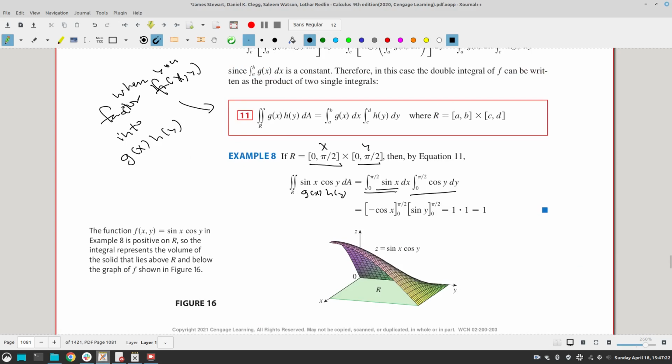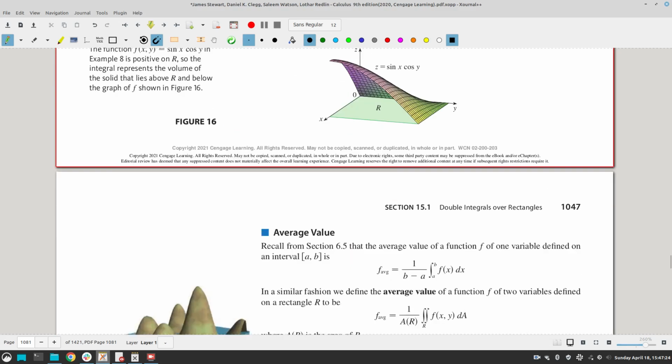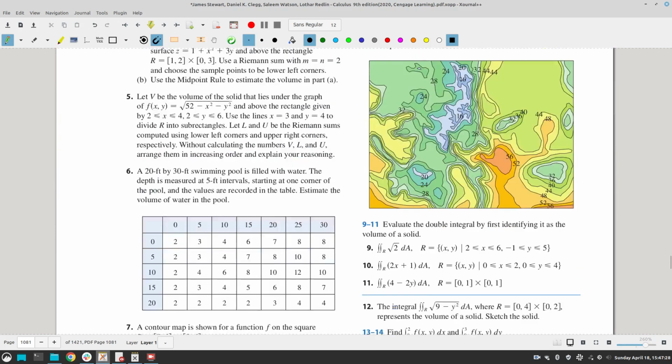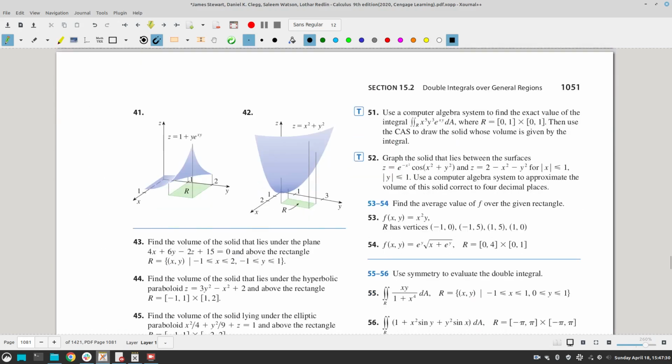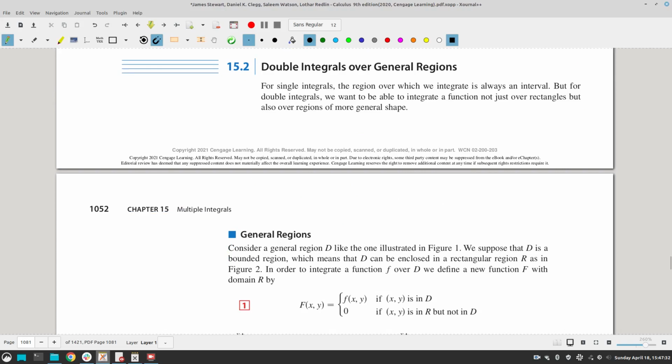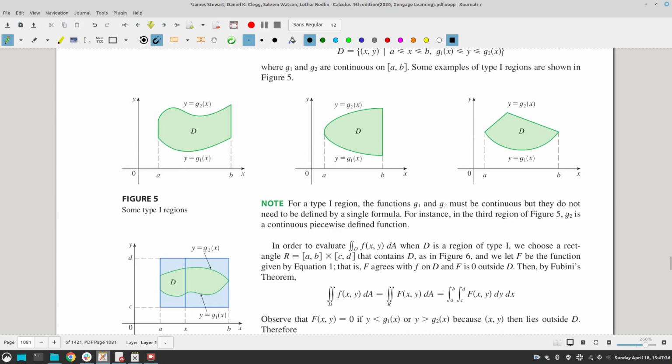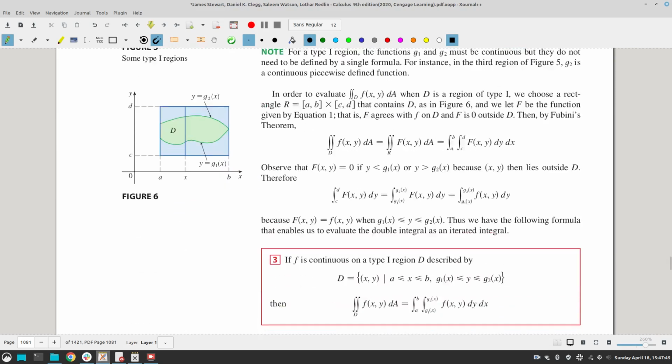So that's it for section 15.1. That took quite a while, but hopefully section 15.2, which is double integrals over general regions, will be quicker. Basically this chapter is calculating integrals, double integrals, triple integrals. So please don't be too concerned about the length of this chapter.